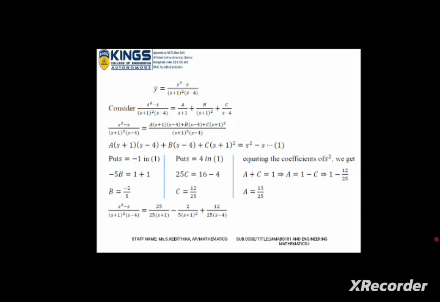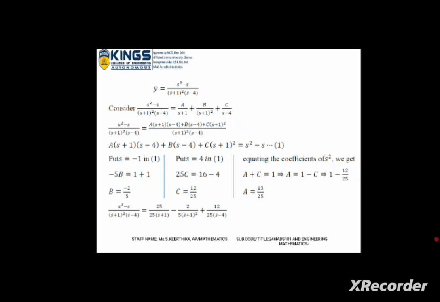If we take s equal to minus 1, then we get B equal to minus 2 by 5. At the same time, put s equal to 4, then we get C equal to 12 by 25. Finally, we can put any value for s to get A, otherwise we can use the equating process.